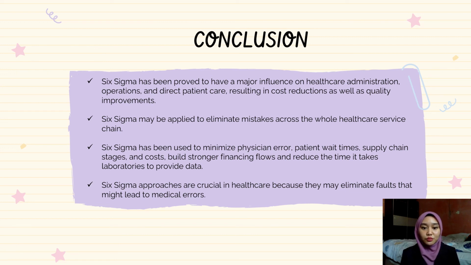Six Sigma has been used to minimize physical error, patient wait time, supply chain stage and cost, boost stronger financial flow, and reduce the time each laboratory takes to provide data. Six Sigma approaches are crucial in healthcare because they might eliminate defaults that might lead to medical errors.